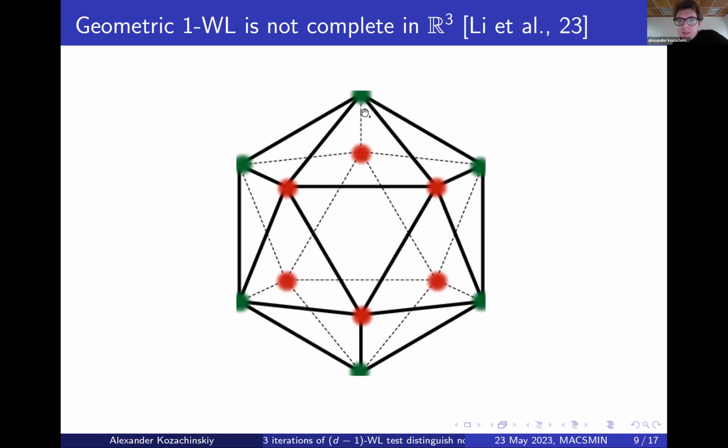You can just see that if I have any point, for example a green point, there are 2 distances that are equal to the sides of the icosahedron, and then there are 2 distances.